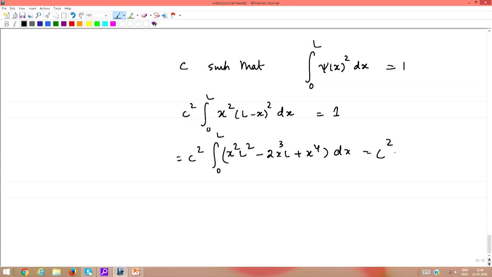So, we can write this straight away as L cube into 1 by 3 minus 1 by 2. This will give you x cube, x 4 by 4, and therefore, it will be L 4 by 4 with a 2 it is 1 by 2, and the other will give you 1 by 5.